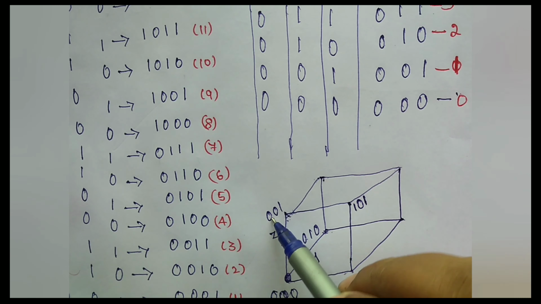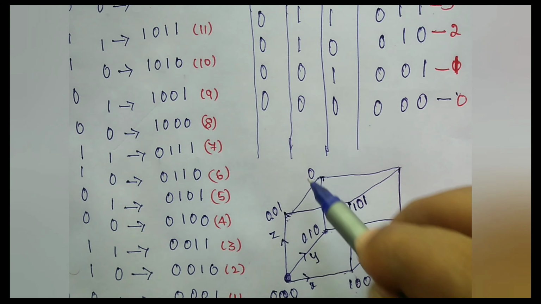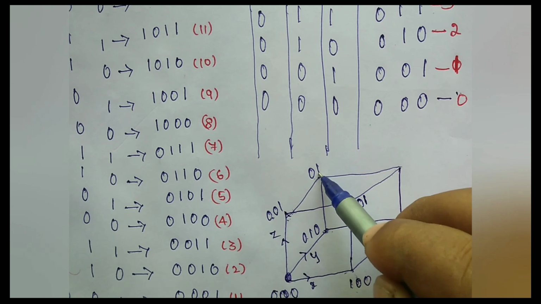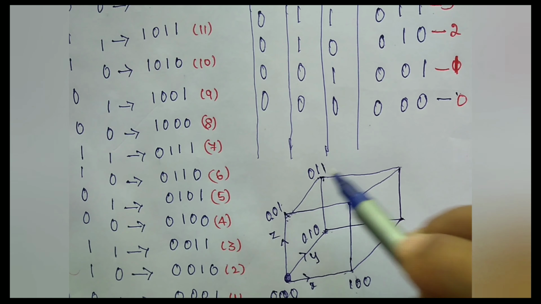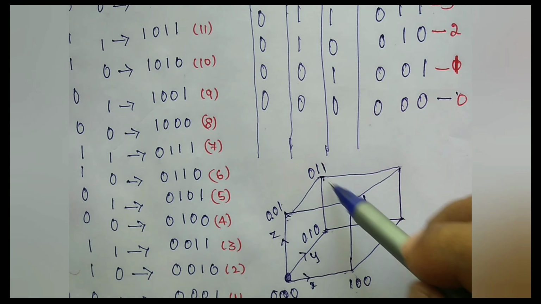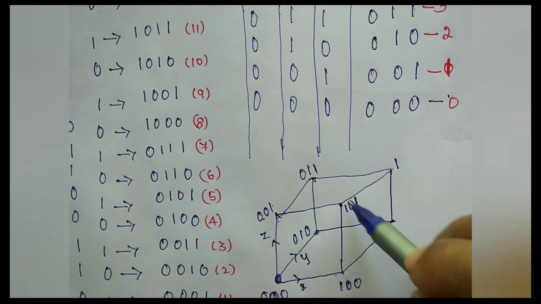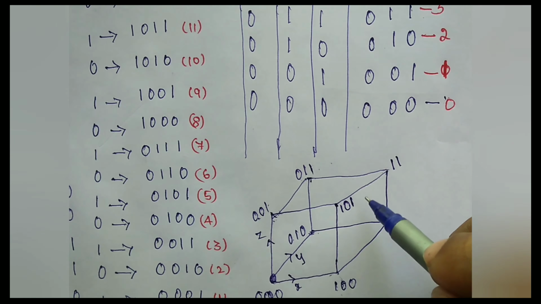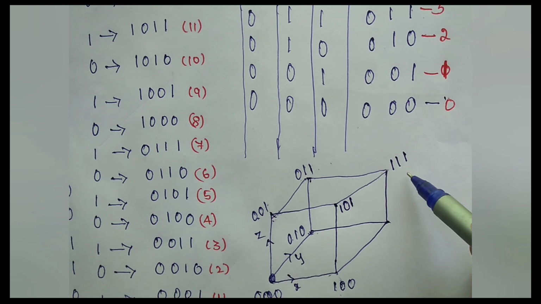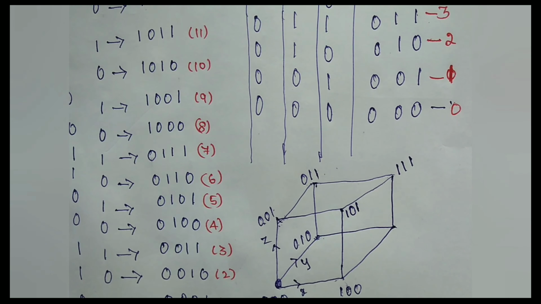That is 0 plus 0 is equal to 0, 1 plus 0 is equal to 1, 0 plus 1 is equal to 1. Now you take these two. That is 1 plus 0 is equal to 1, 0 plus 1 is equal to 1, 1 plus 1 is equal to 1. Since it is Boolean, 1 plus 1 is equal to 1 only.